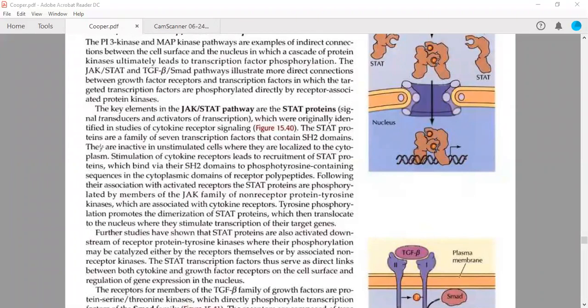So they are having 7 members in this STAT family.